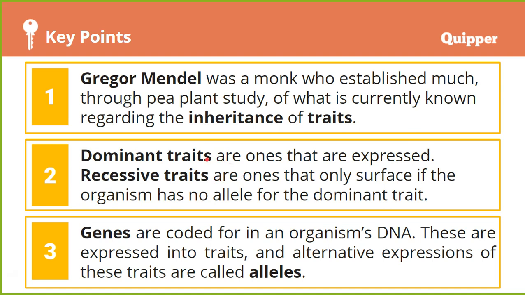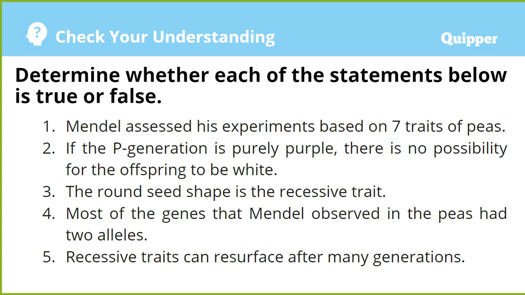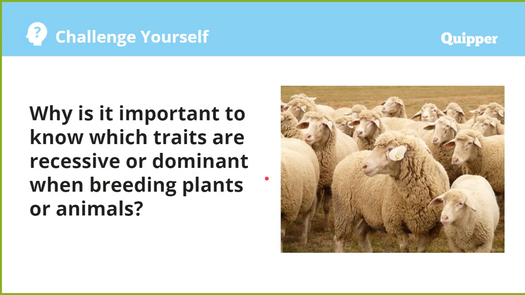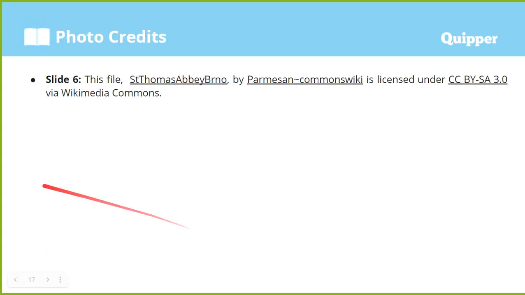So, these are the key points. Alam niyo na kung ano yung dominant and recessive, homozygotes, heterozygotes. So let's skip this for a while. Okay? So, that's going to be for our discussion today.